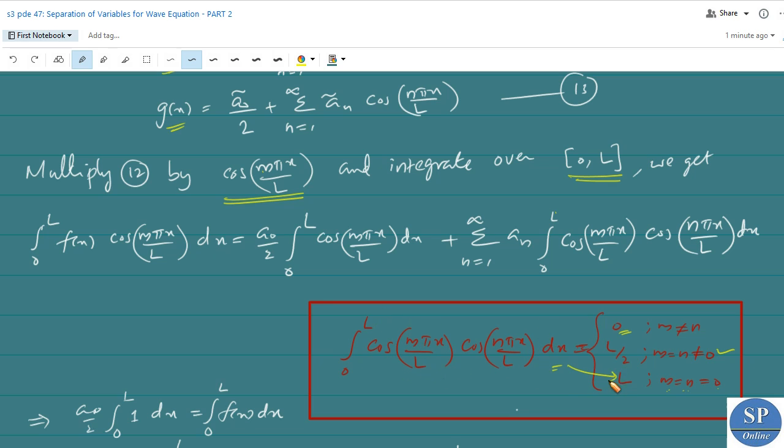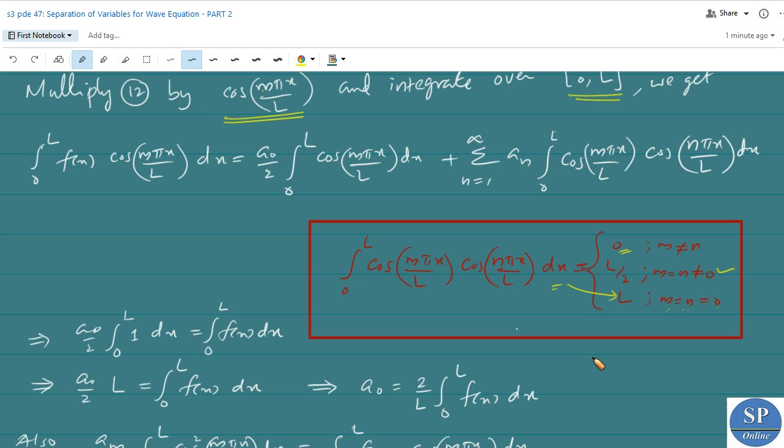Okay, directly we get this. When m equal to n we have cos square n pi x by l dx, and the value will be l by 2. So we can apply this. First of all, to get a naught, we are just replacing m by 0.